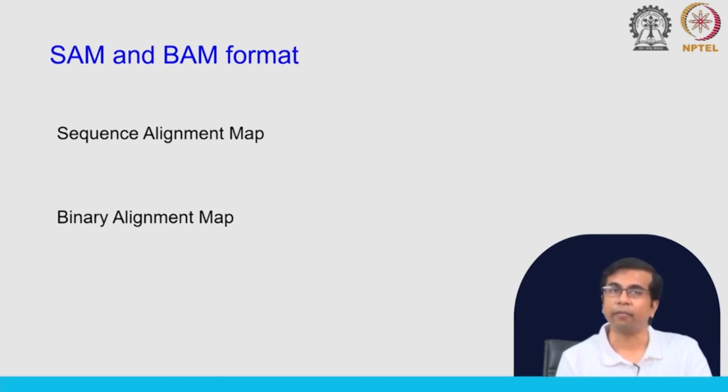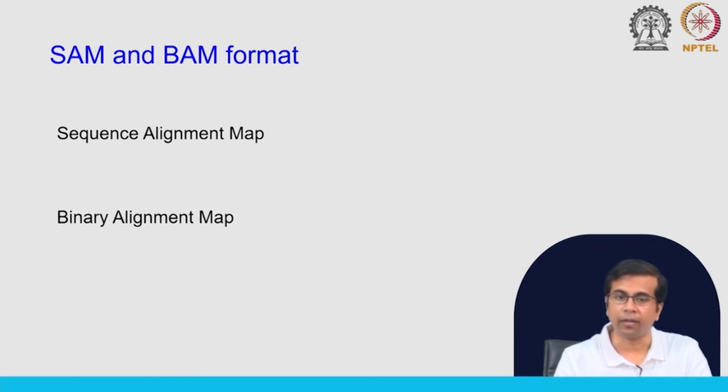You can generate this BAM file from the SAM file, and it is a binary alignment map, meaning the machine can read it. This is a machine readable format that we can supply to the machine, but we are not able to read this file. If you want to write code to process the alignment results and identify, for example, genetic variants, you will go with the sequence alignment map, the SAM file, and we will see what fields are there.